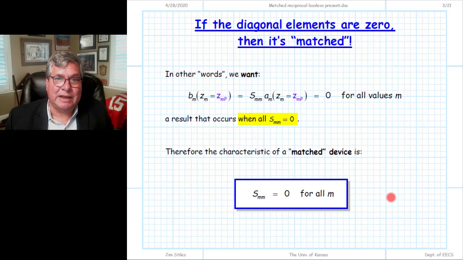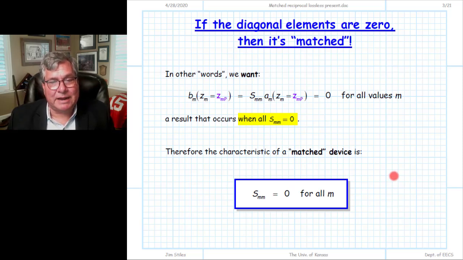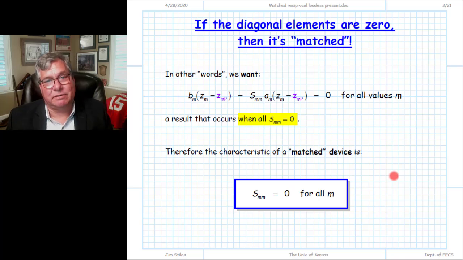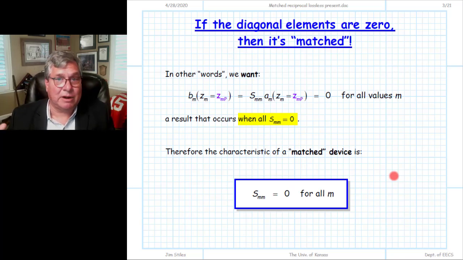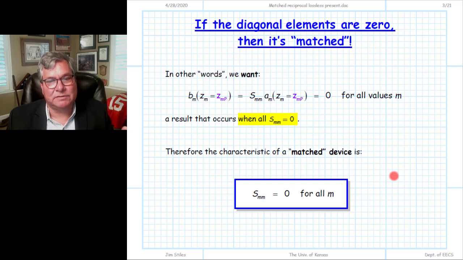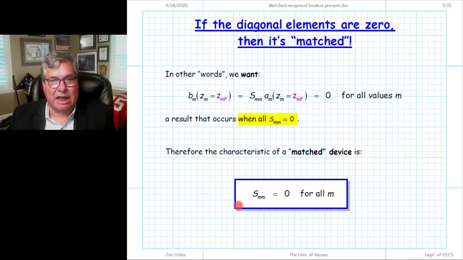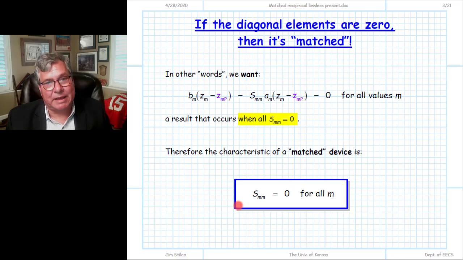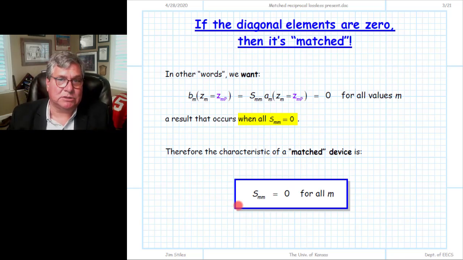Generally speaking, then, for any number of ports, a device is considered to be a matched device if its input impedance or output impedance will exhibit a value of Z0 if immersed in a matched system. That will exhibit itself with respect to the diagonal elements of the scattering matrix. S11, S22, S33, S44, all of them, every one of them must be equal to 0.